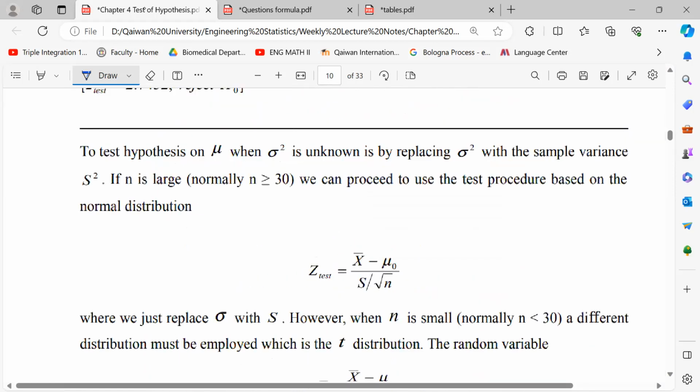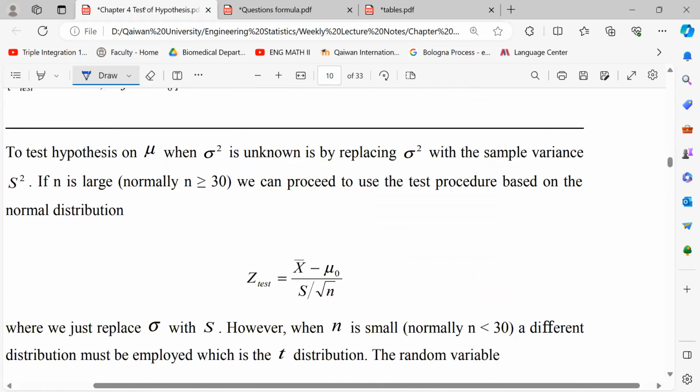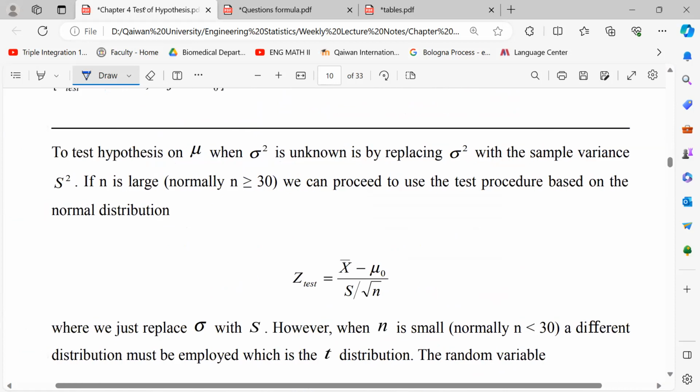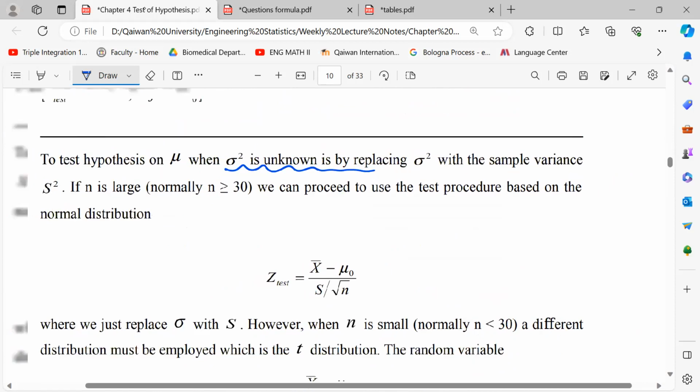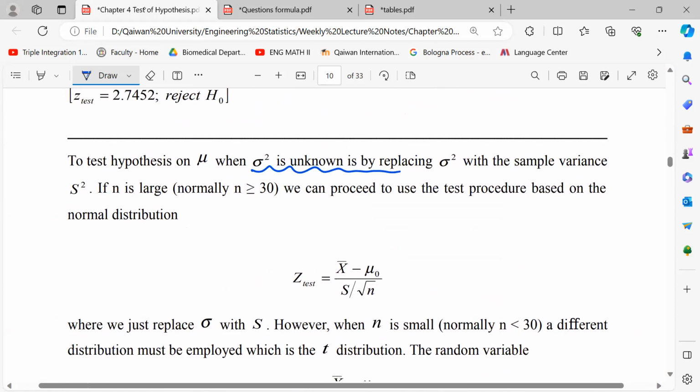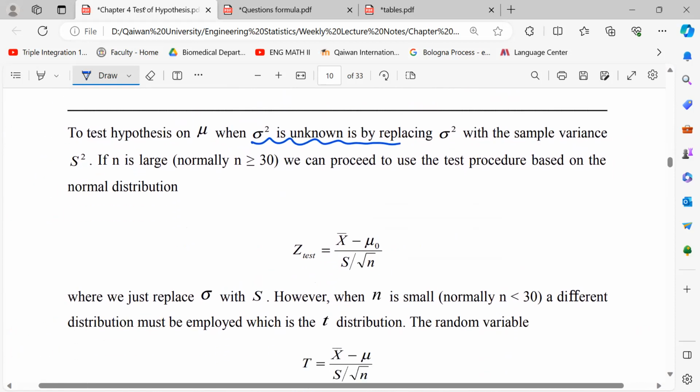Now, we say if the variance is unknown, it's given in the example that variance is unknown. And also, to find the test of hypothesis for the mean, we use the same rule as we used before in the previous example.